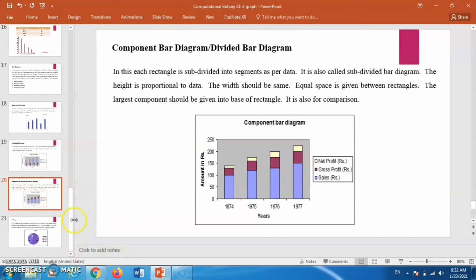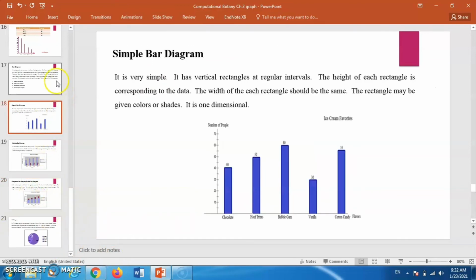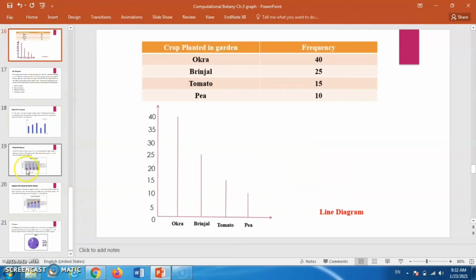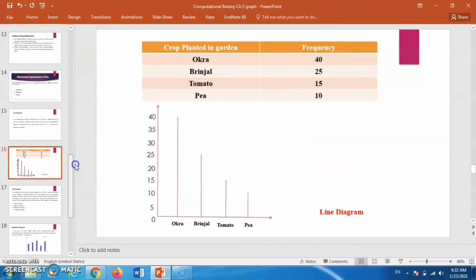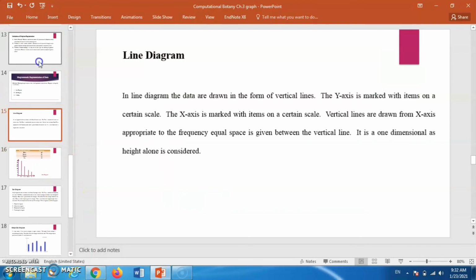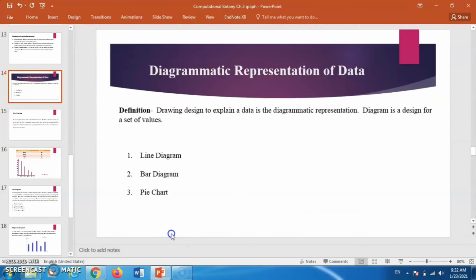These are some types. There are other types also, such as pictograms, but for our syllabus we have to see only this much. So in the diagrammatic representation we have seen the line diagram, bar diagram and pie chart.